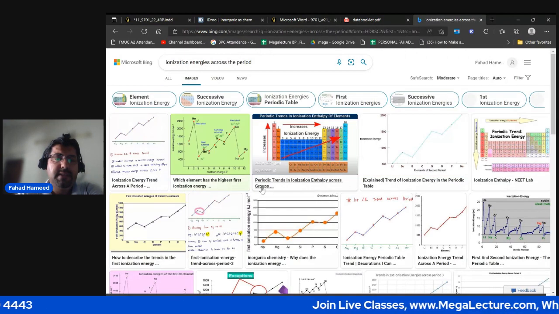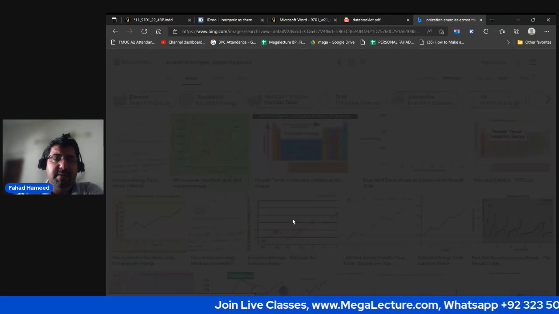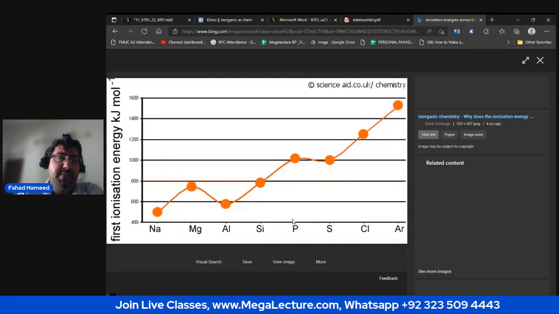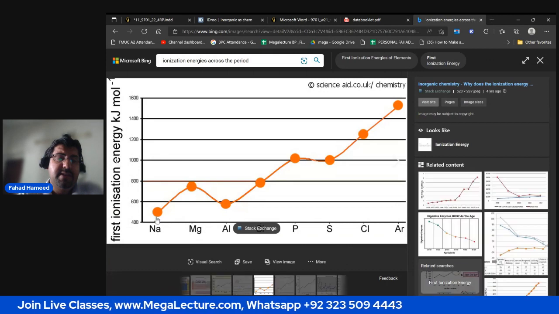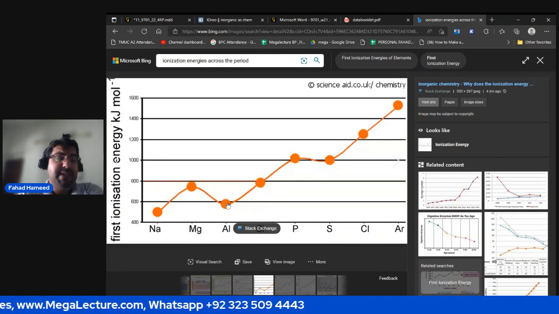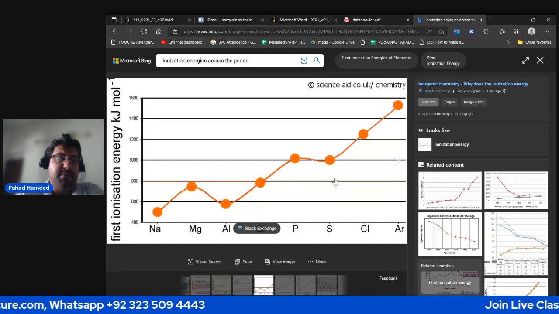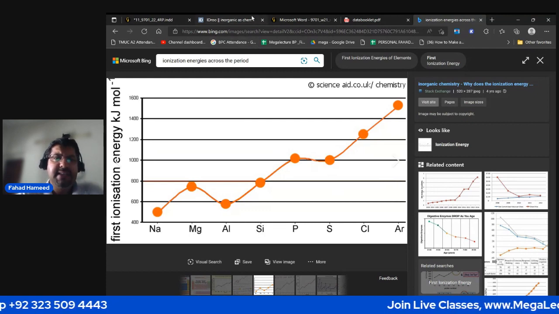If you see this graph over here, the general trend from Na to Ar is increasing. There would be dips at aluminium and sulfur, group 3 and group 6, but the general trend is they increase.